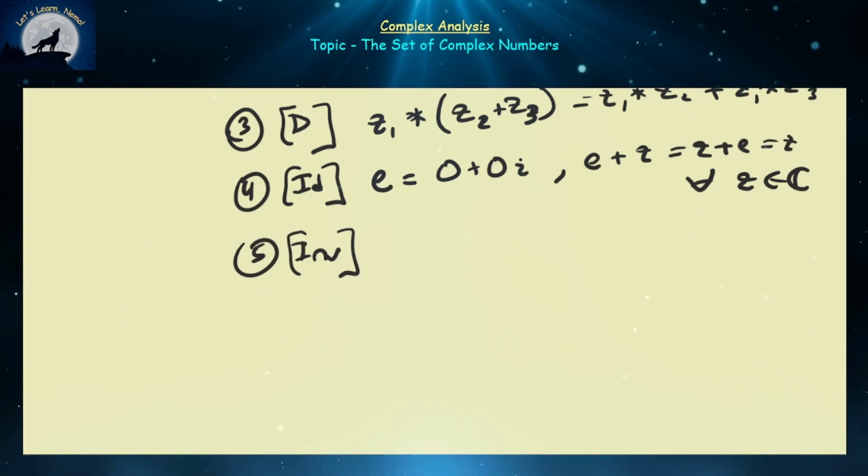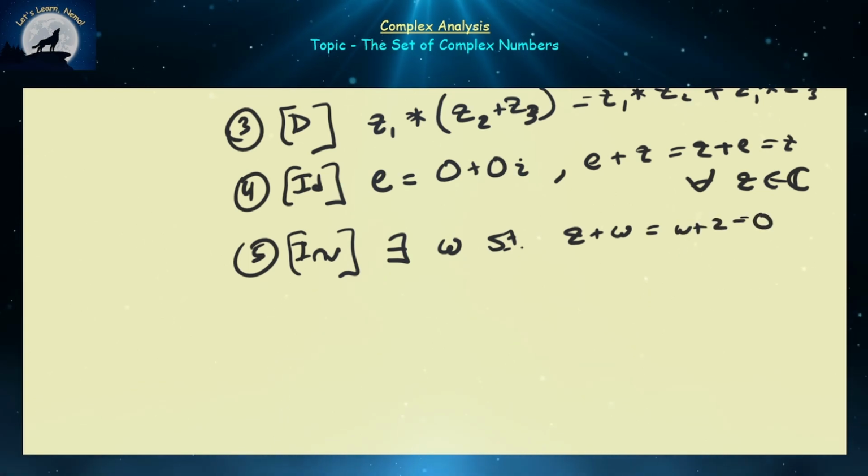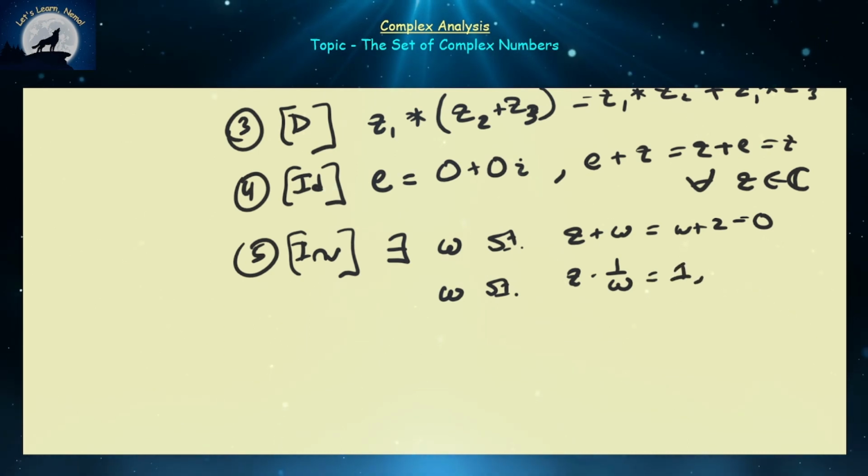That says there exists a w such that z plus w equals w plus z equals 0 for addition, and also a w such that z times 1 over w will be equal to 1, provided that z is not equal to 0. So multiplicative inverses and additive inverses exist.